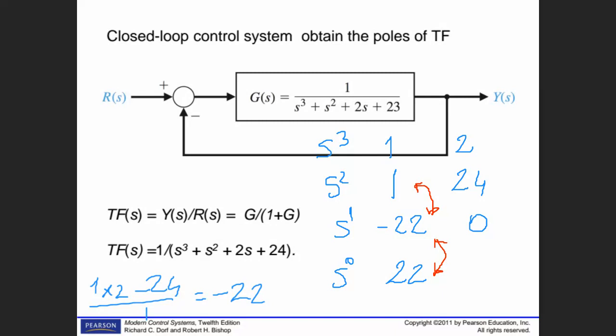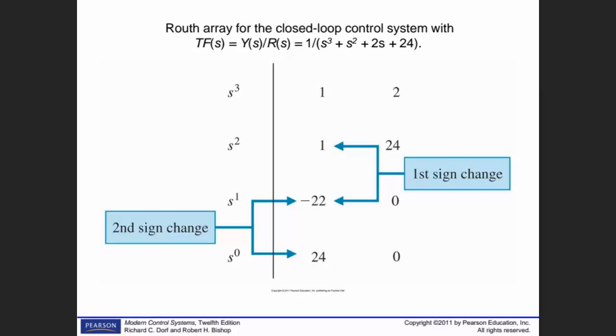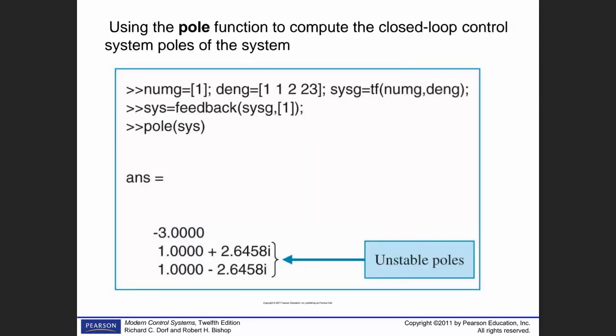Therefore, two poles are in the right hand side of the system. So if I come here, of course, that one is the transfer function. So 1 to minus 22 is one sign change, and this is the second sign change. So there are two poles in the right hand side of the system.